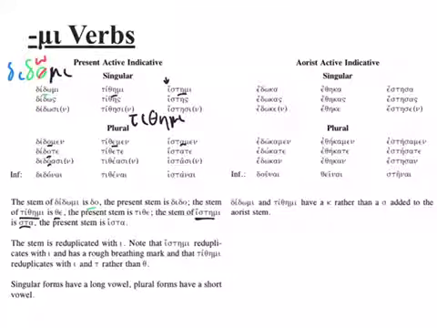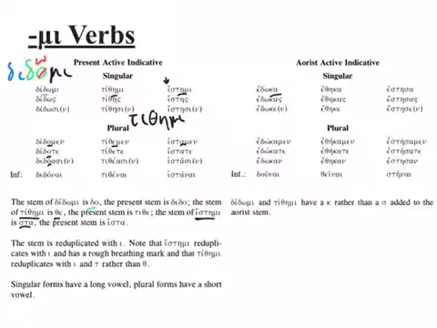The key thing I do want you to know is in the aorist, instead of sigma alpha, it's a kappa alpha. And if you remember kappa alpha and the omega endings, that is for the perfect.